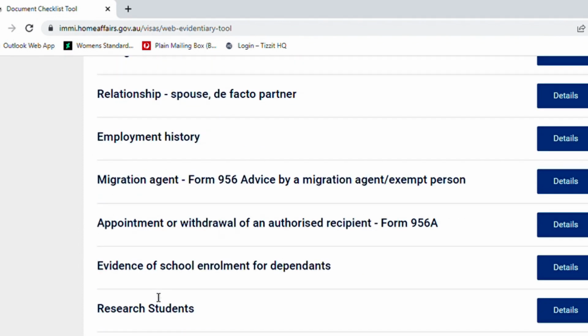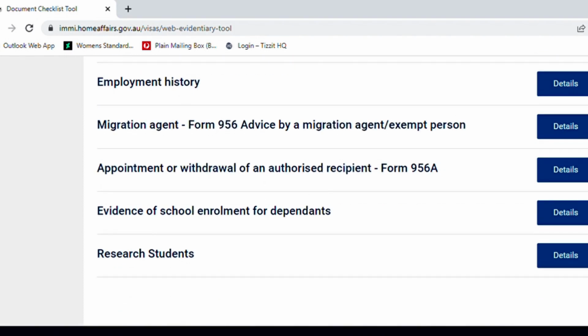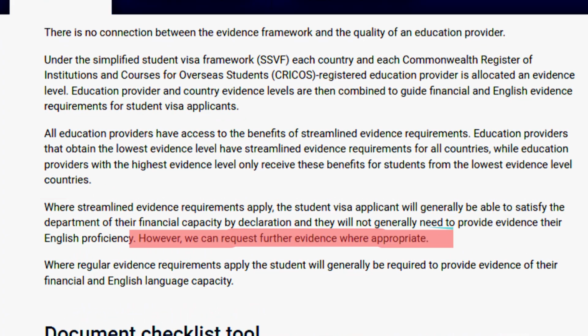So I have also had comments from people, especially people from Nigeria, who have said to me that when they have used the document checklist tool, they have found that they are not required to provide proof of financial capacity, or in some cases even English language documents. Okay, and that is fine, but I want to draw your attention to a clause I found on the SSVF, which is the Simplified Student Visa Framework, right?